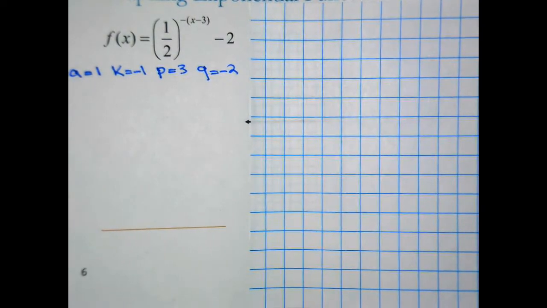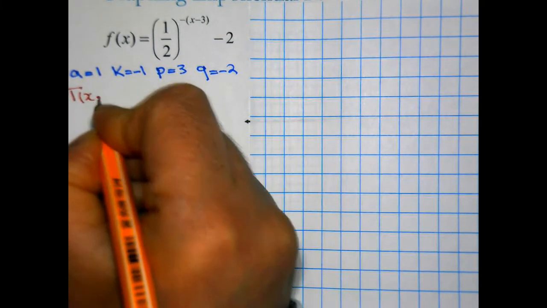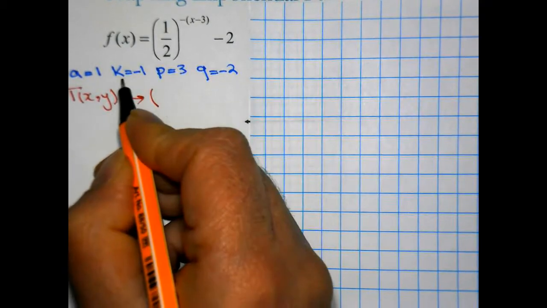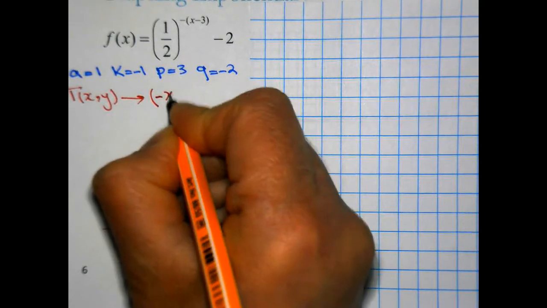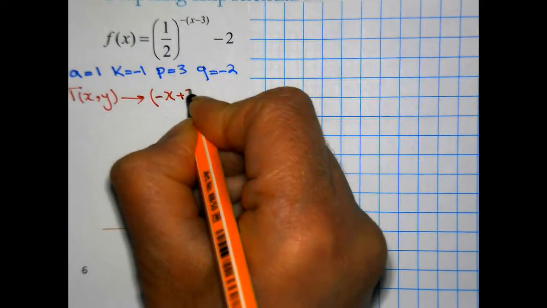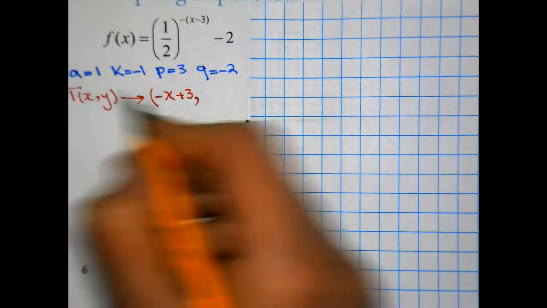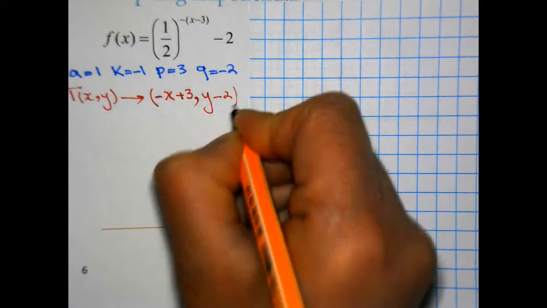That means that we're using transformation mapping notation. X and Y will be transformed to 1/k is -1, so -x plus P plus 3, and A times Y, 1 times Y plus Q, so Y minus 2.